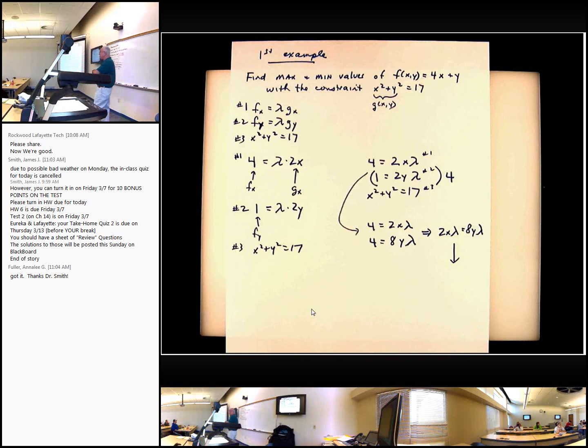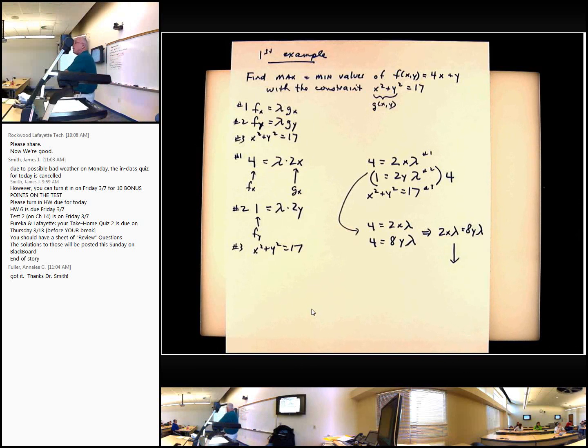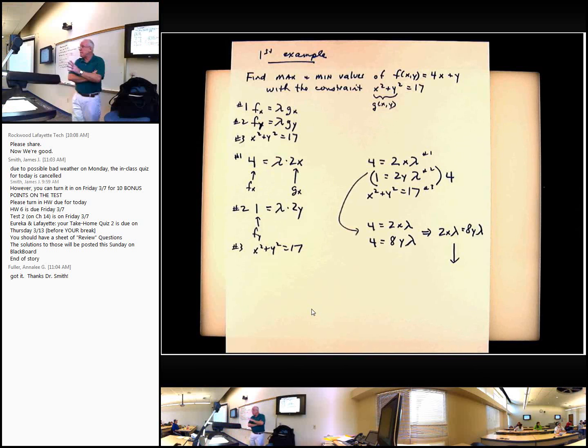We end up with a strange equality, 4 equals 0. The same thing for equation number 2. If we say lambda is equal to 0, we're going to have 1 equals 0. All right? So we see here that lambda equaling 0 makes no sense.